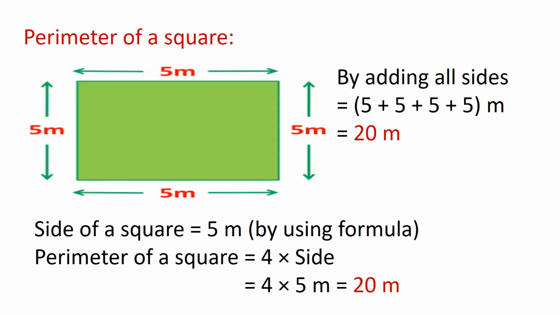So the perimeter of the given square is 20 meter. Now by using the formula, side of a square is equal to 5 meter. Perimeter of a square is 4 into side, which is equal to 4 into 5 meter, that is 20 meter. So the perimeter of the given square is 20 meter.